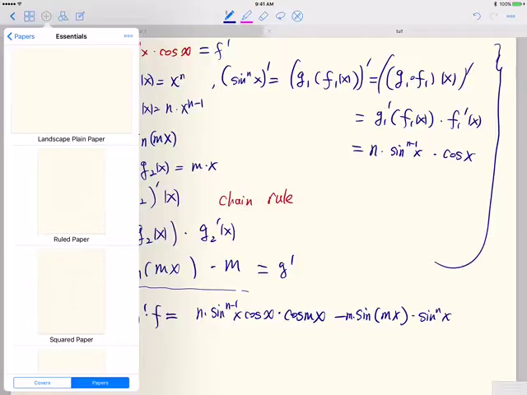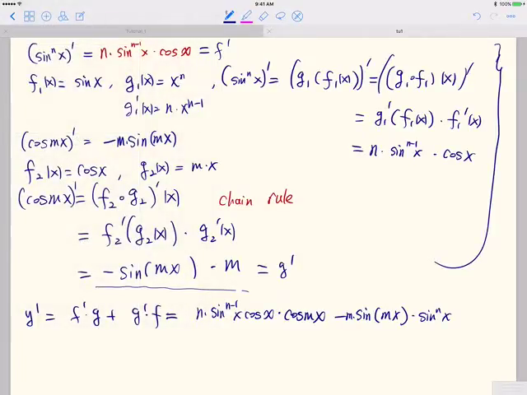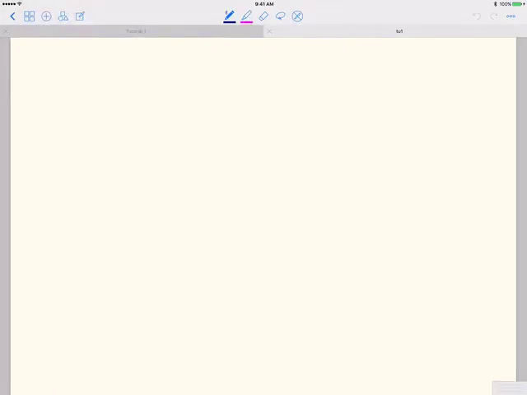Okay, so this is C, which is y equals e to the power of x squared plus x cubed. Okay, this one is simple, right?